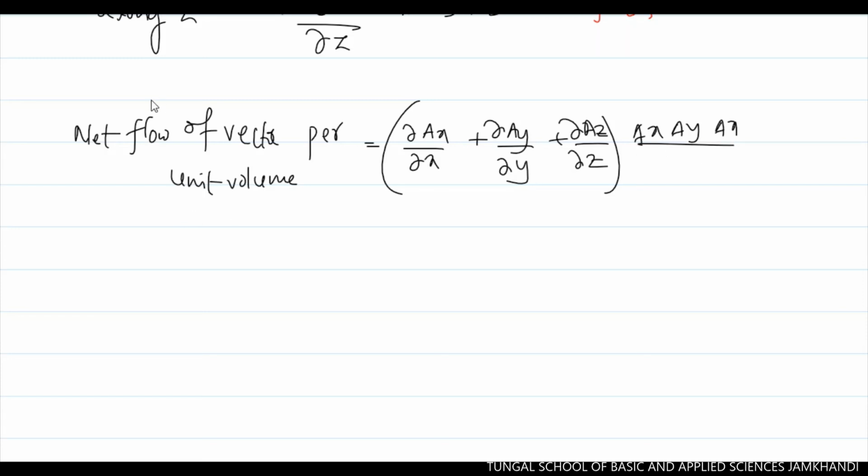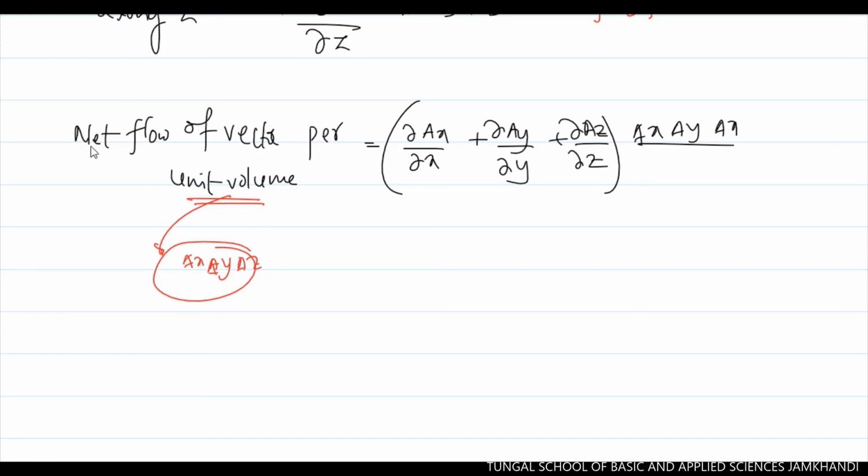Here, because I have taken the per unit volume, that unit volume element of a particular system is given by delta x, delta y, delta z.